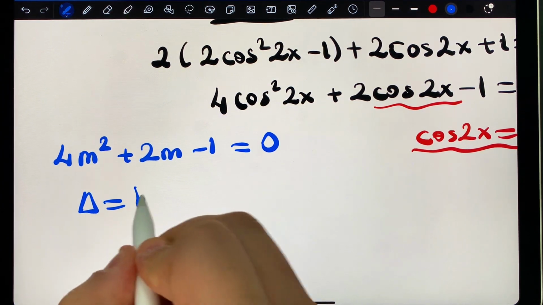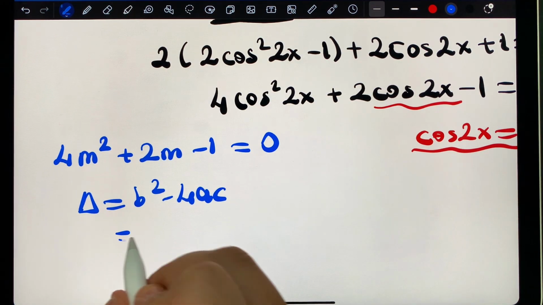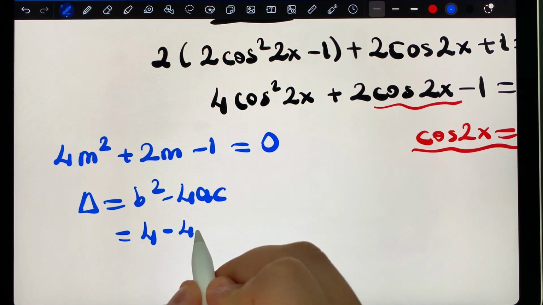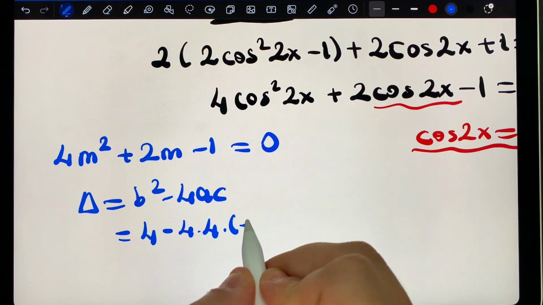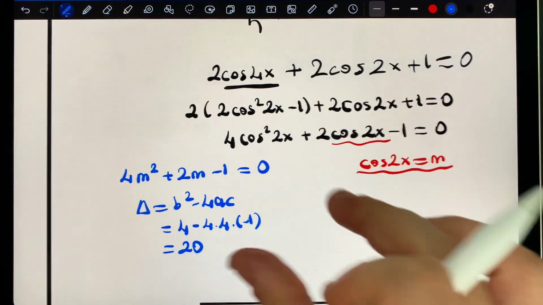Delta is equal to b squared minus 4 times a times c. In this case, this will happen: 4 plus 4 times 4 times 1. What will come from here? 16 plus 4 gives 20. Then what happened to the roots?